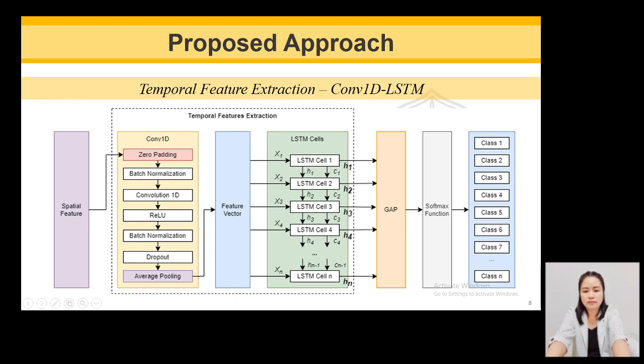After that, the average pooling layer, which selected the average component from the subregions of the feature map, was considered as the feature vector. The feature vector was sent to the LSTM cell to learn and generate the temporal feature. Consequently, we again decreased the size of the feature using global average pooling layer before giving the feature to the softmax function.